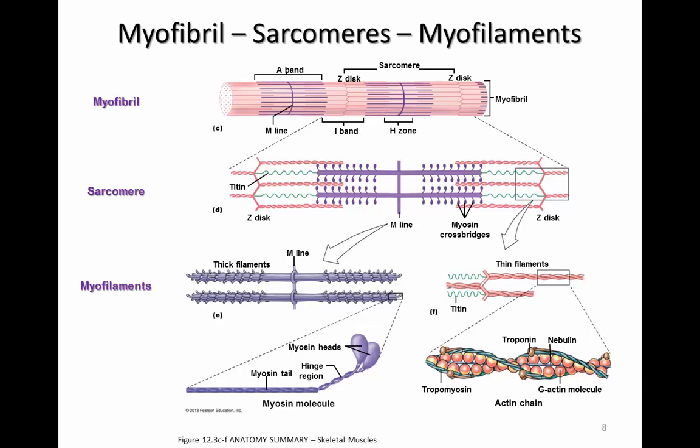And then for each tropomyosin there is a complex called troponin, and troponin is 3 proteins, troponin T, troponin C, and troponin I, and they help to confer regulation to the actin thin filament. We'll get to that in a bit. Tucked into the middle here you see a protein called nebulin, and nebulin, like titin, is a single polypeptide and runs the full length of the actin thin filament.